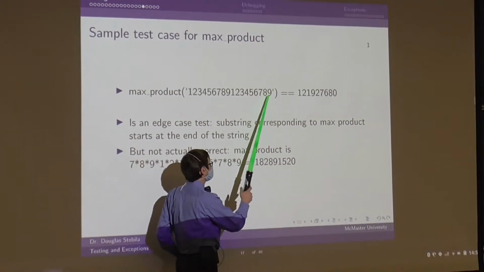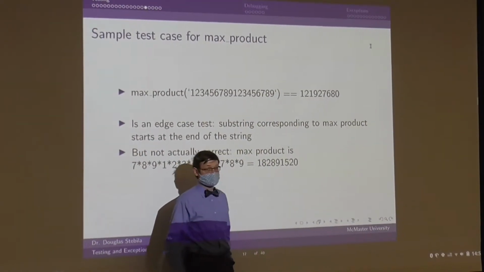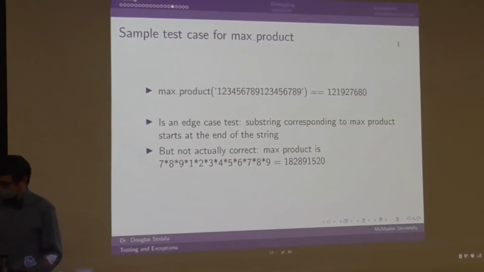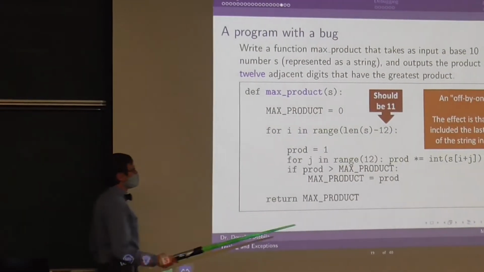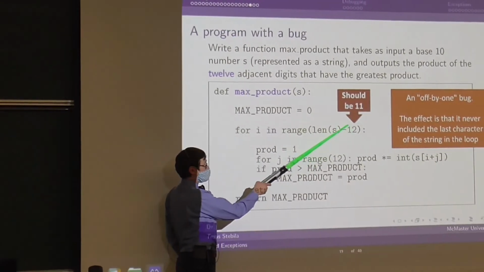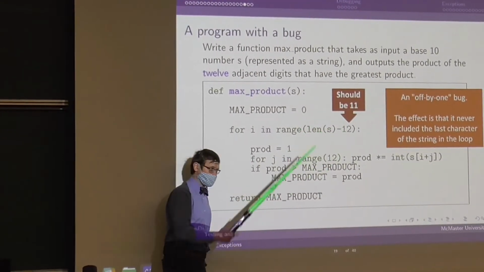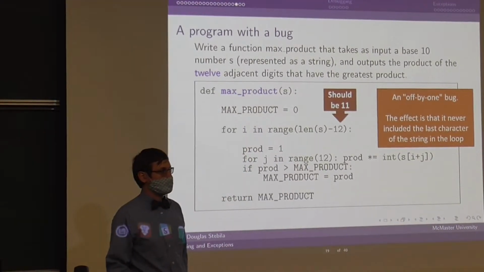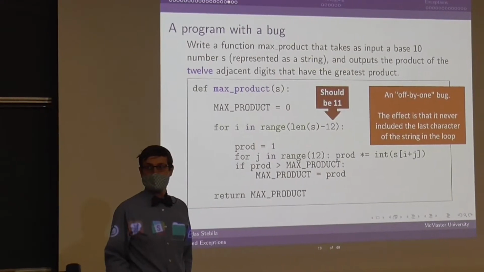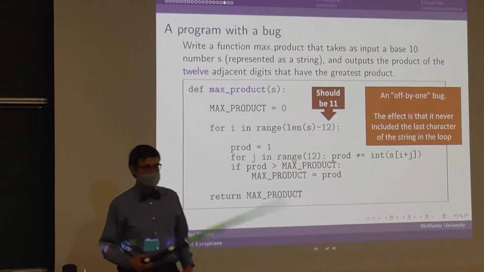Never checked the 9, never found this larger number, right? So that's quite easily fixed. You just have an off by 1 error here because this is off by 1. And once you change that, everything works fine. Any questions? Good.